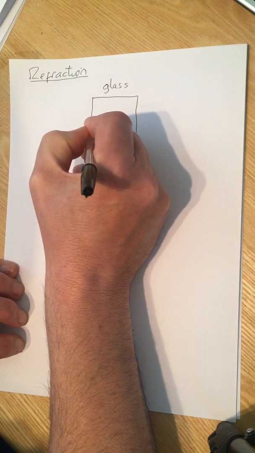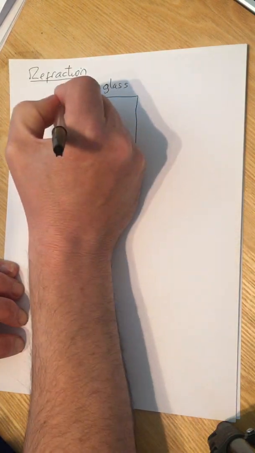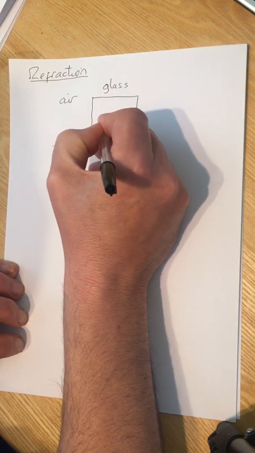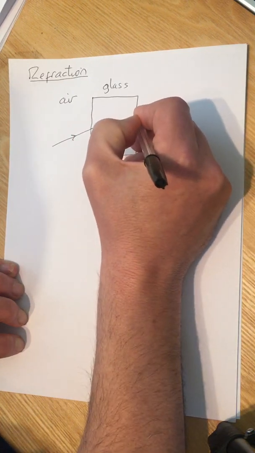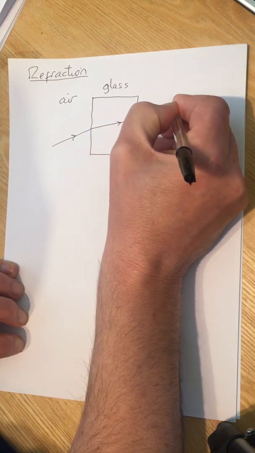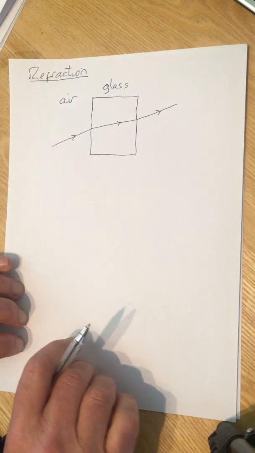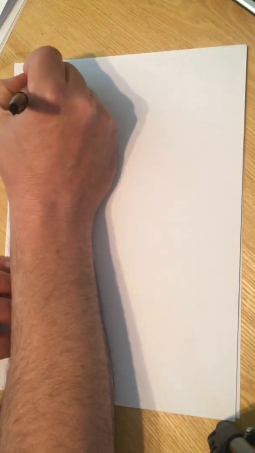The ray enters the glass, it changes speed going from air to glass, which causes the wave to change direction, and then on exiting it leaves parallel to the way it went in. That was refraction. We're going to look at something new today, which is called diffraction.